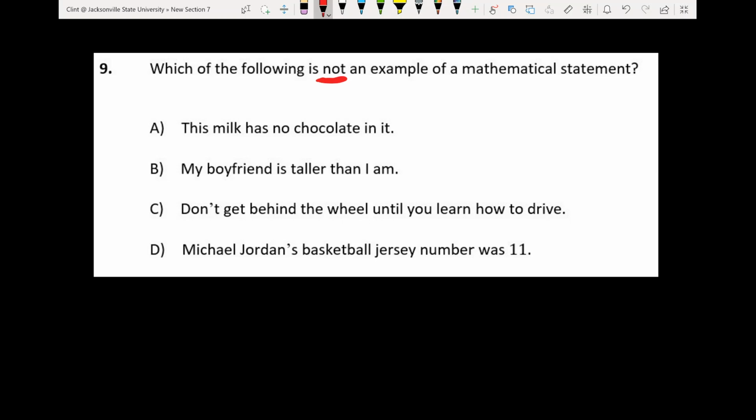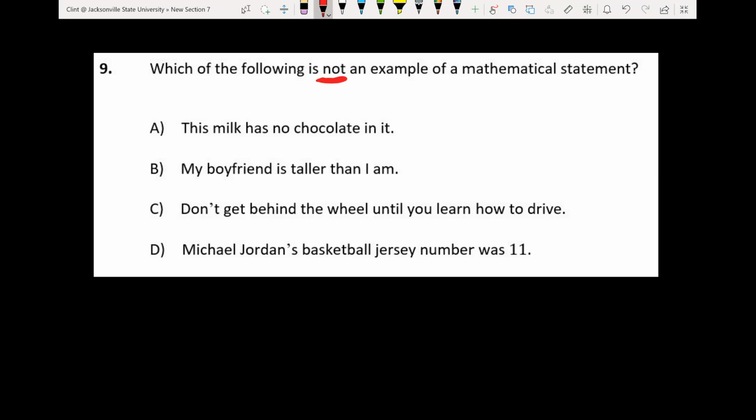So let's look at A. It says the milk has no chocolate in it. Well, that's either true or false. So that one is a mathematical statement. B says my boyfriend is taller than I am. That's either true or false. So that is a mathematical statement. C says don't get behind the wheel until you learn how to drive. Well, is that true or false? No, not really.